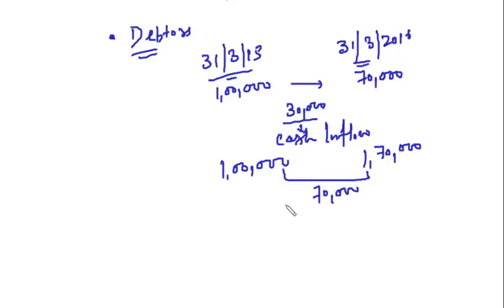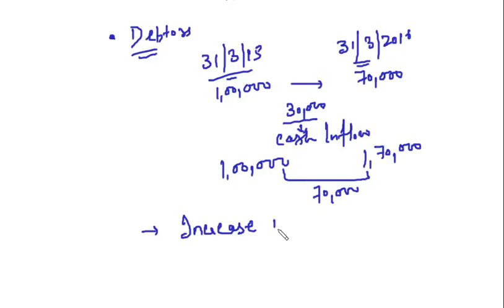Okay, so any increase, because this is your investment, your money investment will increase by 70,000 here. You have produced goods worth rupees 1,70,000 by paying out of your pocket. You have not received that money as of now. So the amount has gone out of your pocket, but this amount is yet to be received from the debtors.